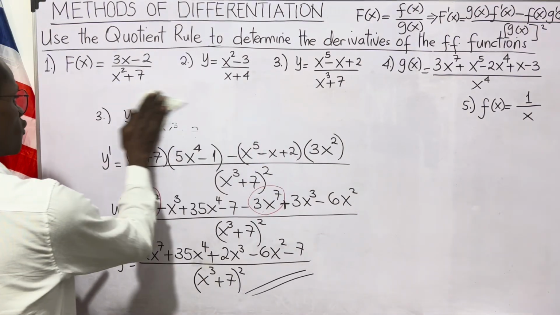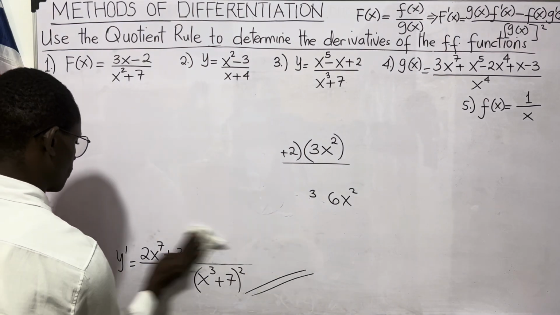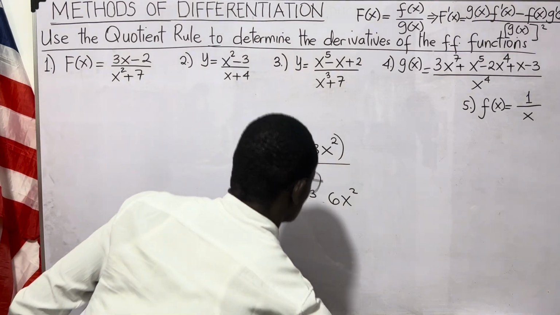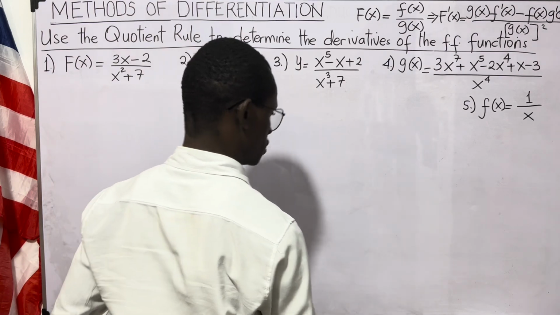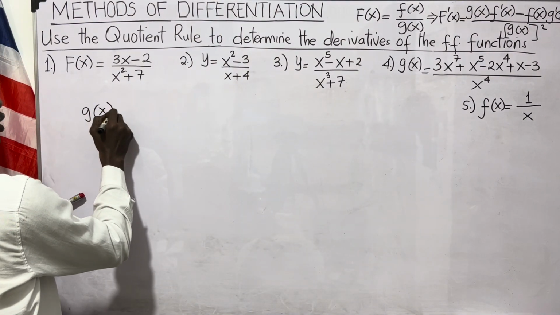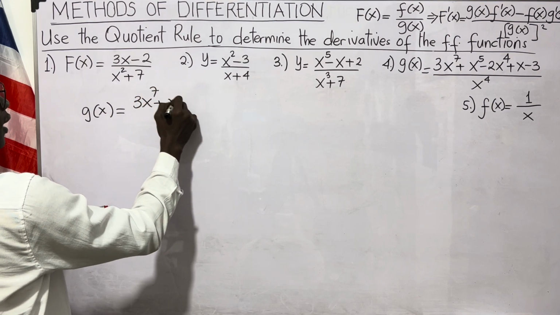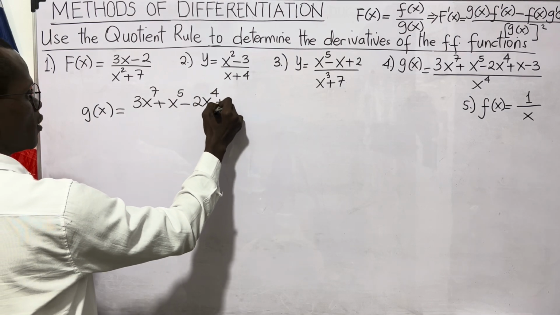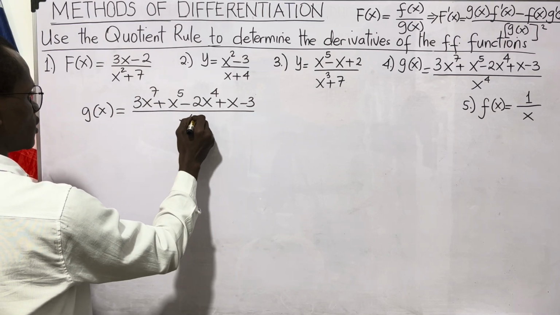Let's move to the fourth one. So the fourth problem says g of x is equal to 3x to the 7th, x to the 5th, 2x to the 4th, x minus 3, all over x to the 4th.